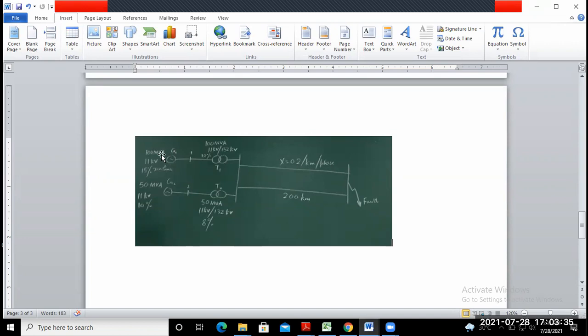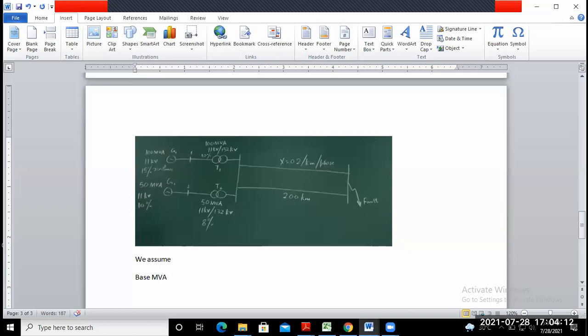Generator 1 is rated 100 MVA, 11 kilovolt, and its reactance is 15%. For generator 2, the rating is 50 MVA, 11 kilovolt, and the reactance is 10%. Now suppose we assume the base MVA rating.